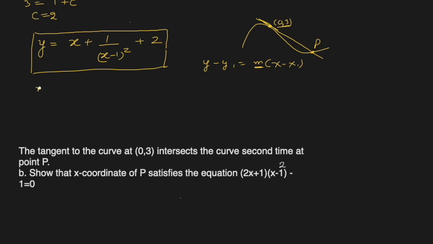And what is the gradient of the tangent? m is the same as f prime. This is the gradient, and we'll just put the value of x. What is the value of x at this particular point? 0. So what was f prime x?